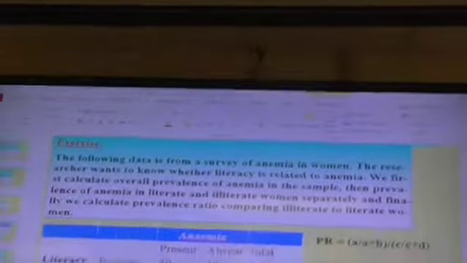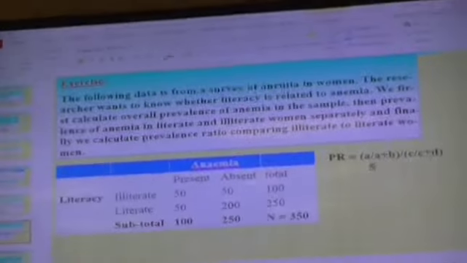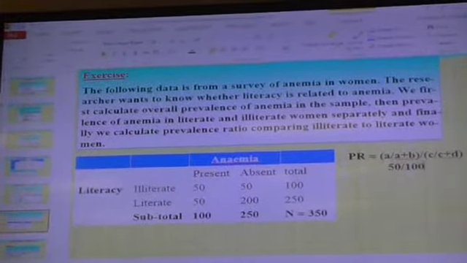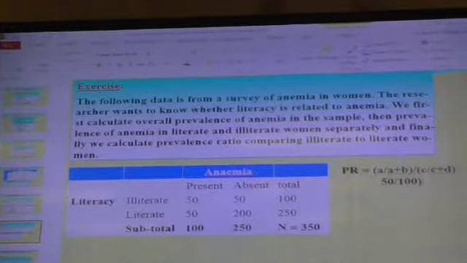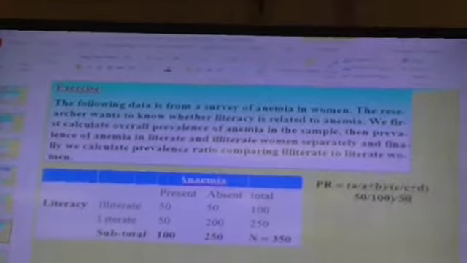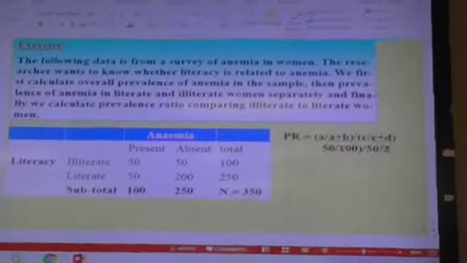So A over A plus B is 50 divided by 100. And then the other one is 50 divided by 250.